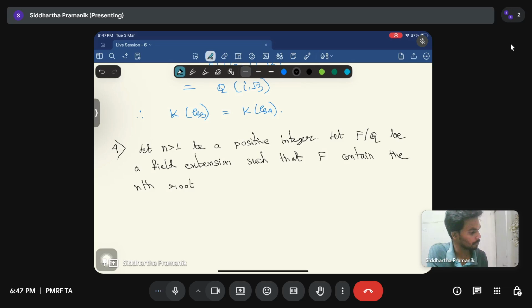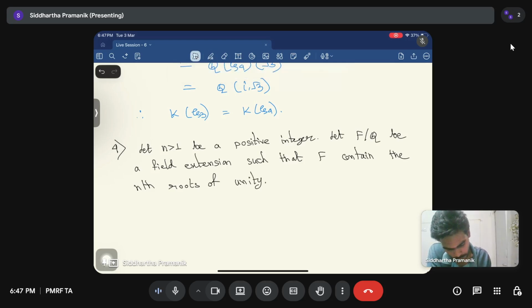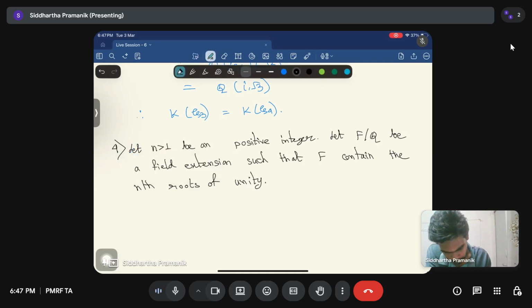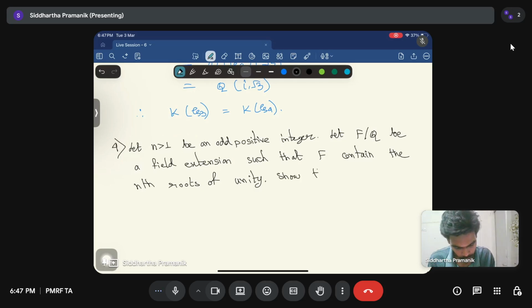We need to assume n is an odd positive integer. So F contains all the nth roots of unity, then show that F contains all 2nth roots of unity.